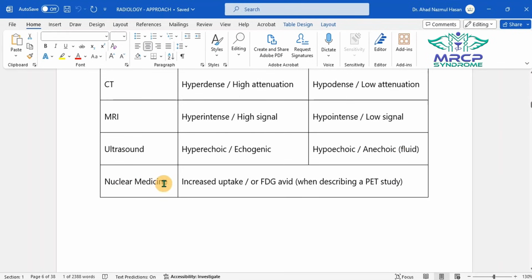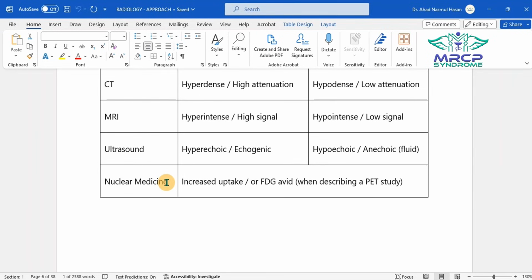In case of nuclear medicine, we usually use the terms increased uptake or decreased uptake, or FDG avid when describing a PET scan. In a medical context, the term avid is often used to describe how a part of the body absorbs a substance or reacts to a treatment.